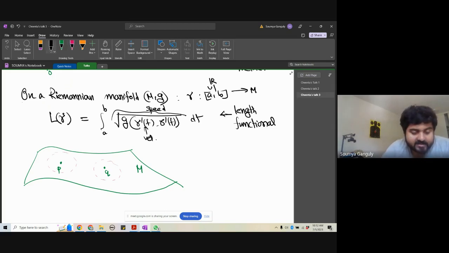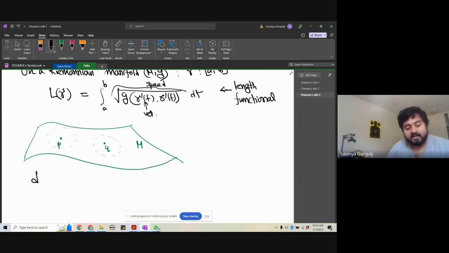And how do you do that? d_g(P, Q), because it depends on the Riemannian metric, is nothing but the infimum. If you don't know what infimum is, it is just the minimum.